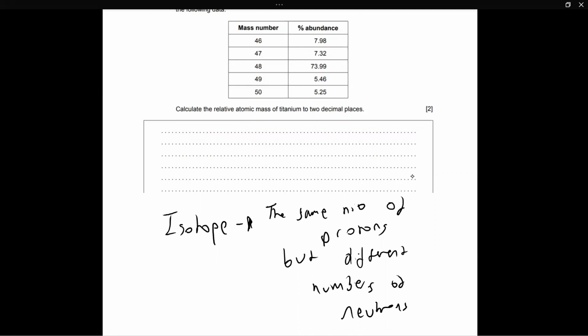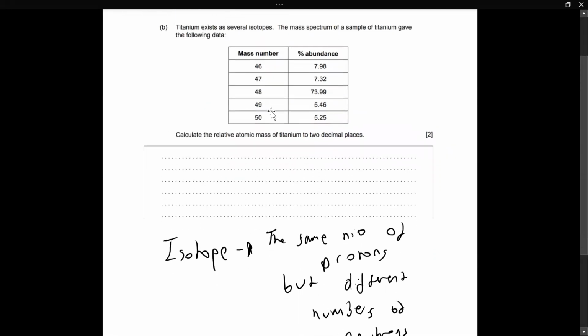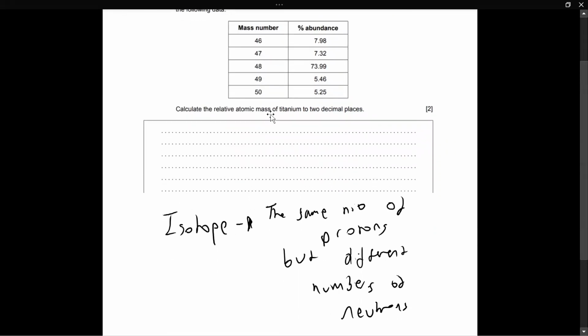And thus you can see how the mass number is changing, because neutrons also contribute to the mass of the atom. So as the number of neutrons changes, the mass either increases or decreases.